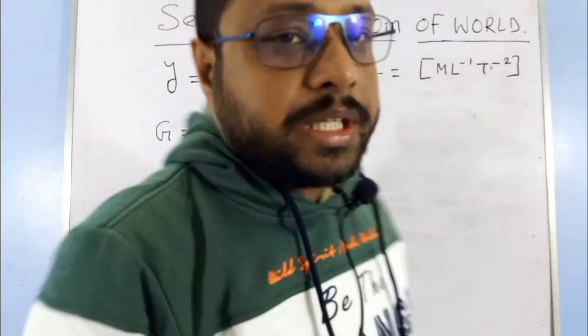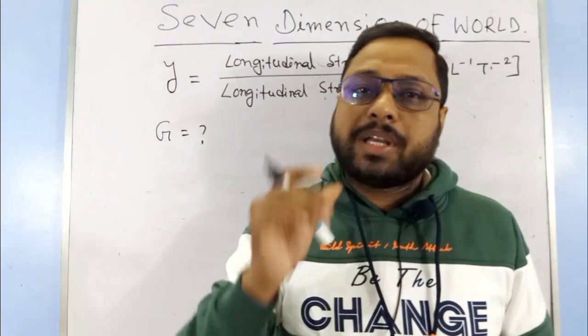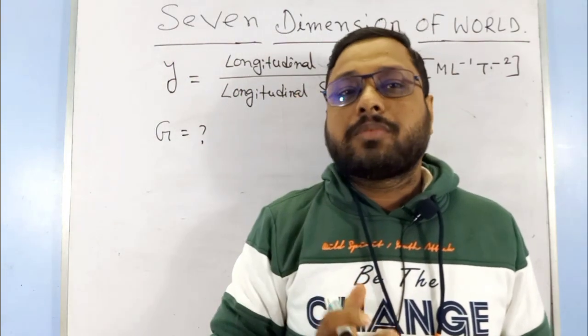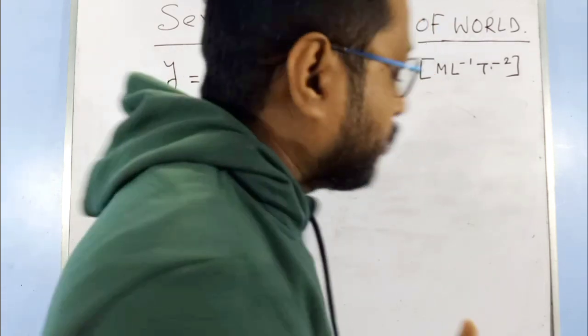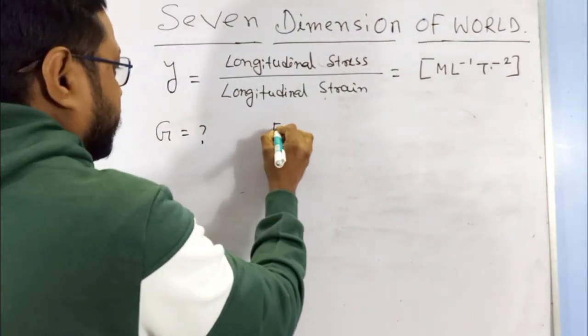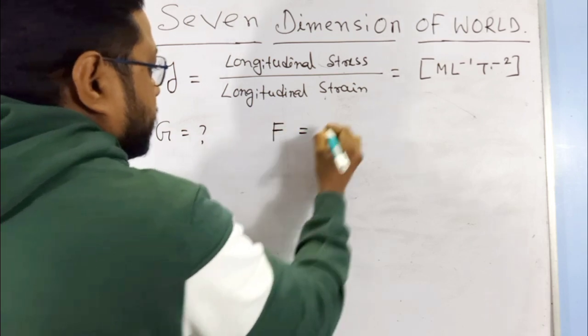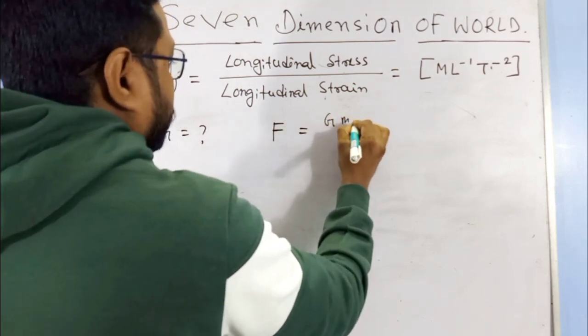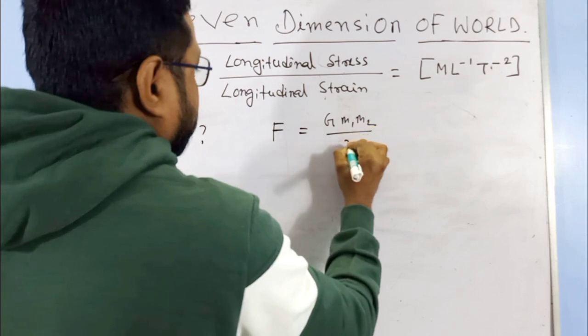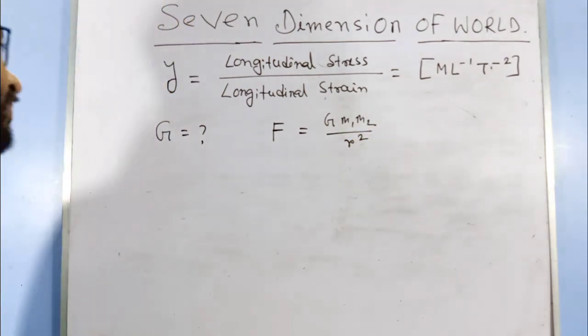Now every dimensional equation can be derived from an expression or from an equation. We know the Newton gravitational formula: F, that is the force between two masses, is G, the product of the masses divided by the distance square between them.